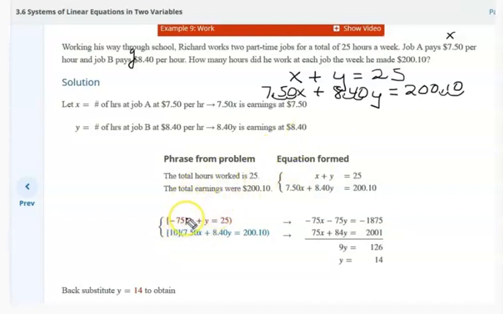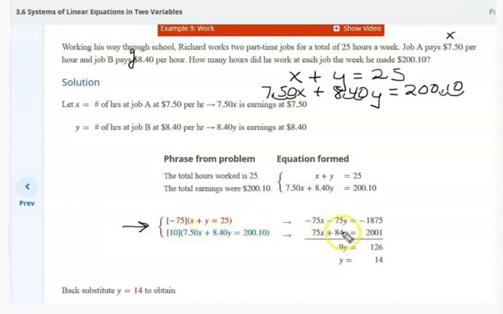I would multiply this one by, they're multiplying it by negative 75. Here they're multiplying it by 10. Again, there's slightly different ways to do it. And if we're going to copy this one, we'll follow this one. So here's the actual work.